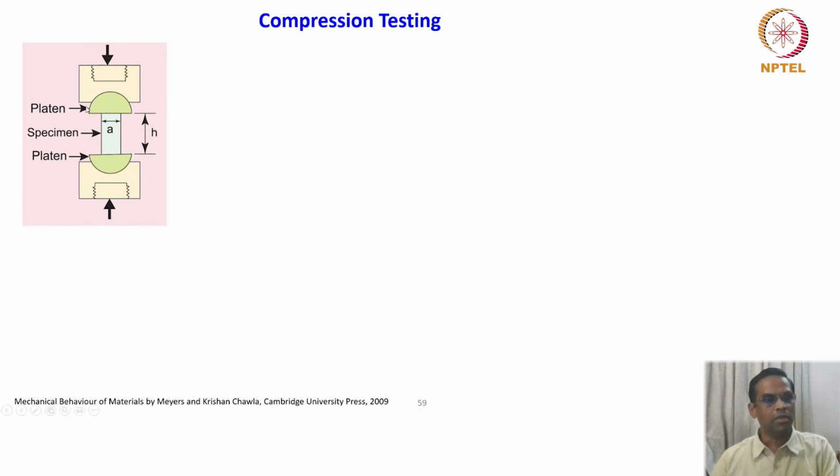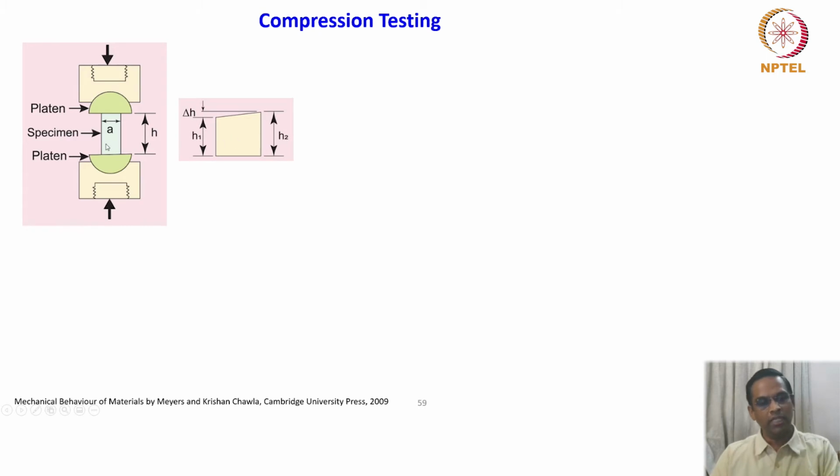So what is involved in compression testing? The cylindrical sample, whose diameter is about A and height is H, is being compressed between the two plate ends. And what is the special design given here?